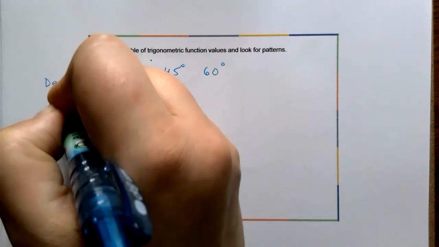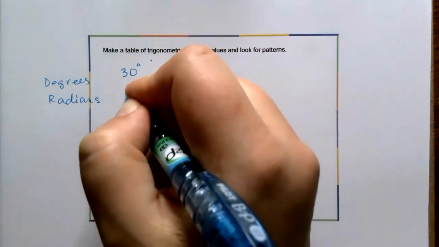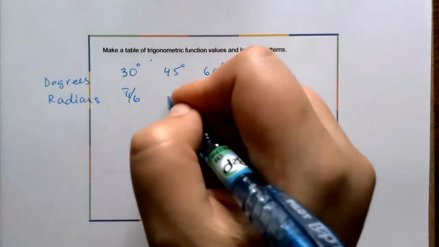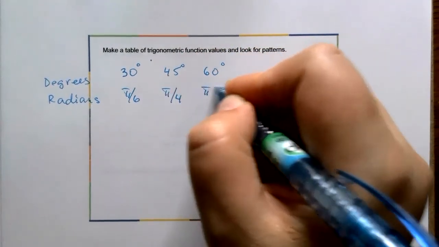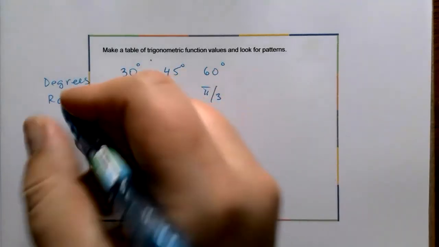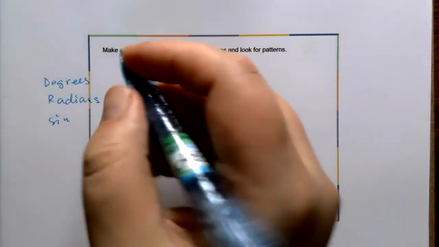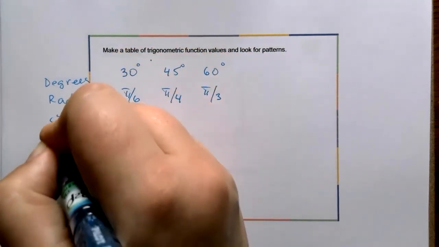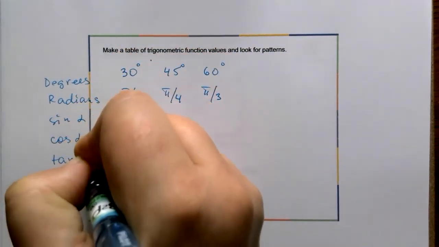In radians, 30 is pi over 6, 45 is pi over 4, and 60 is pi over 3. Okay, now we're going to write their functions: the sine alpha, cosine alpha, and tangent alpha.